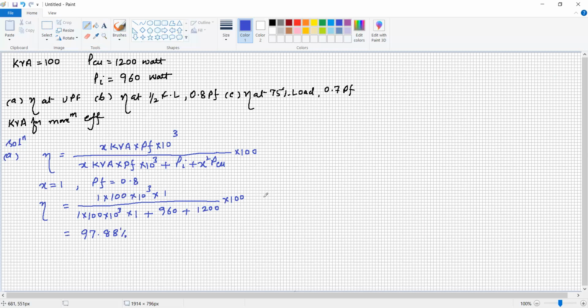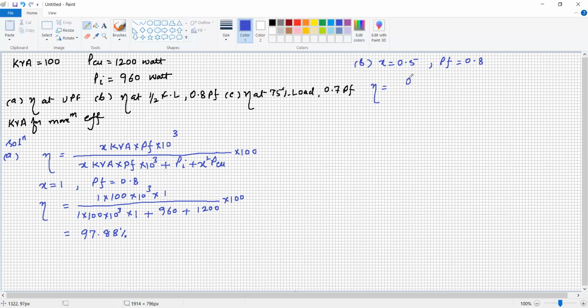Now B part: efficiency at half full load, 0.8 power factor, means X is equal to half, so 0.5 or 50%, and the power factor is 0.8. The formula is as it is.